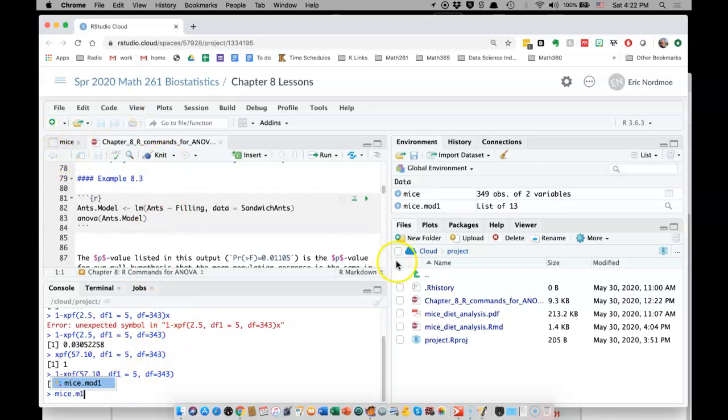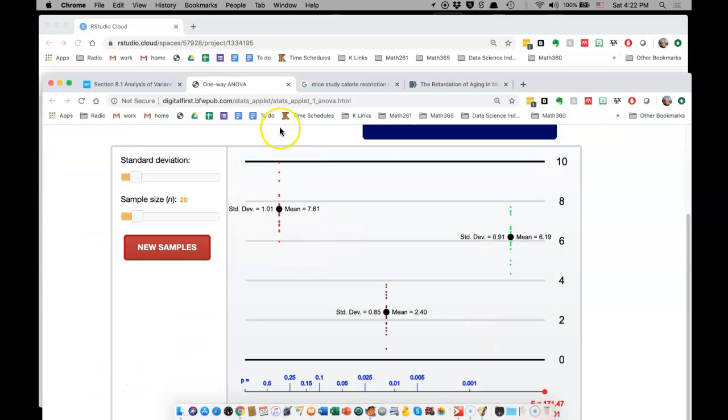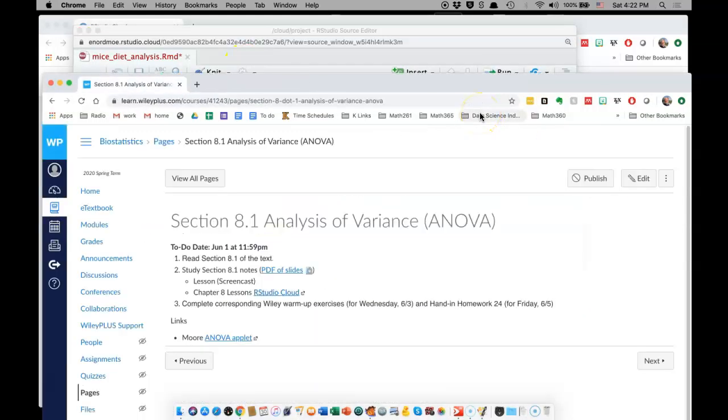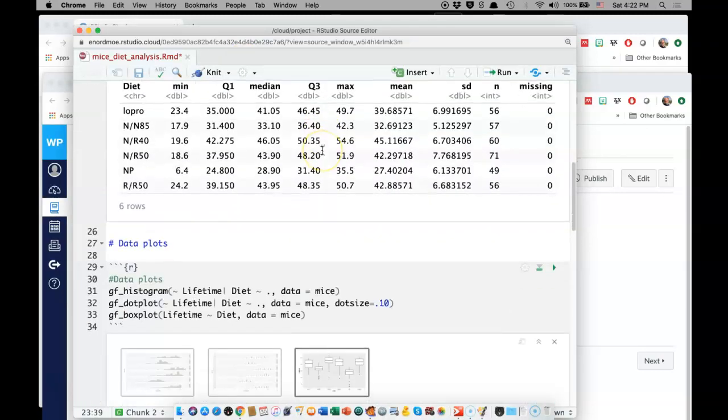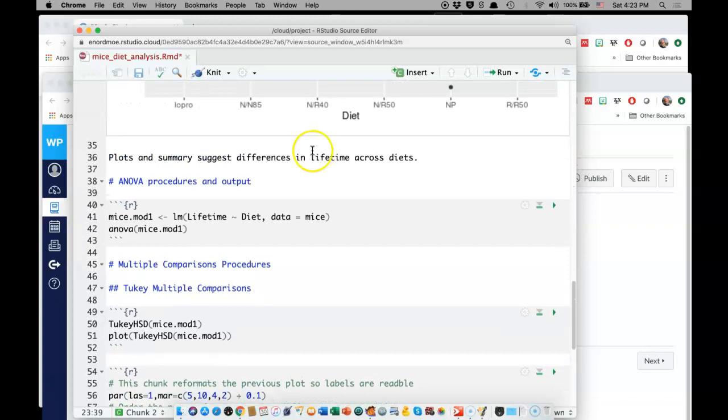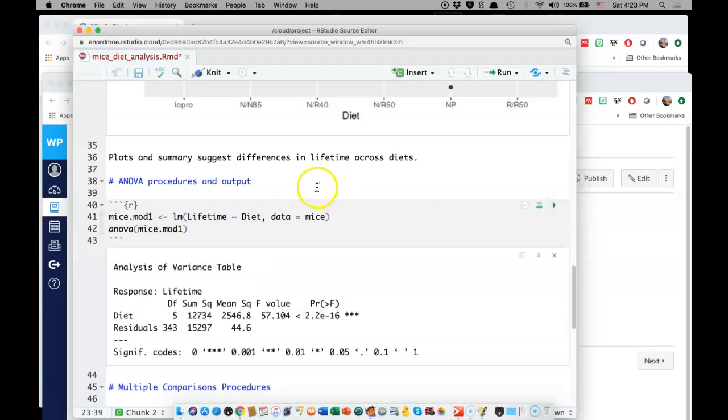Do I have that in my commands here already? I think I actually do. Yes, I do. So here it is, mice.mod1. So we run the quantitative against the group or categorical variable.